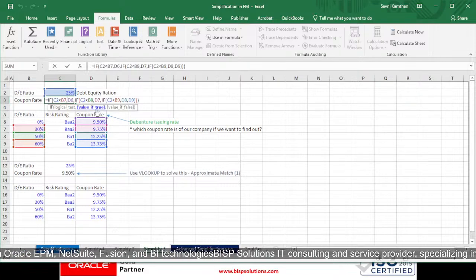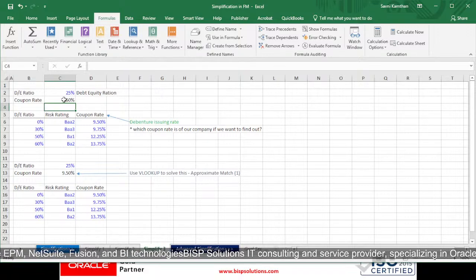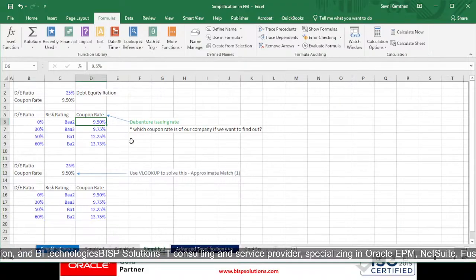So we take it as: if 25% is our debt equity ratio, then use 30%, or else use coupon rate as 9.50. Like that I have used the if function 2 times, and when I entered it, for my 25% it is showing me a coupon rate of 9.50%.